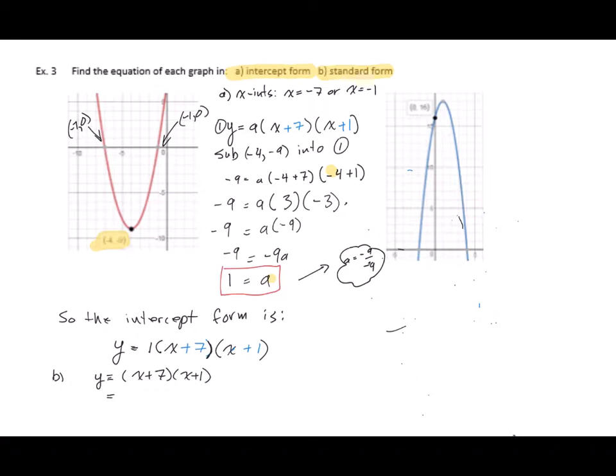When you expand, you're going to get x squared plus 1x plus 7x plus 7. And we end up with y is equal to x squared plus 8x plus 7 as our standard form.